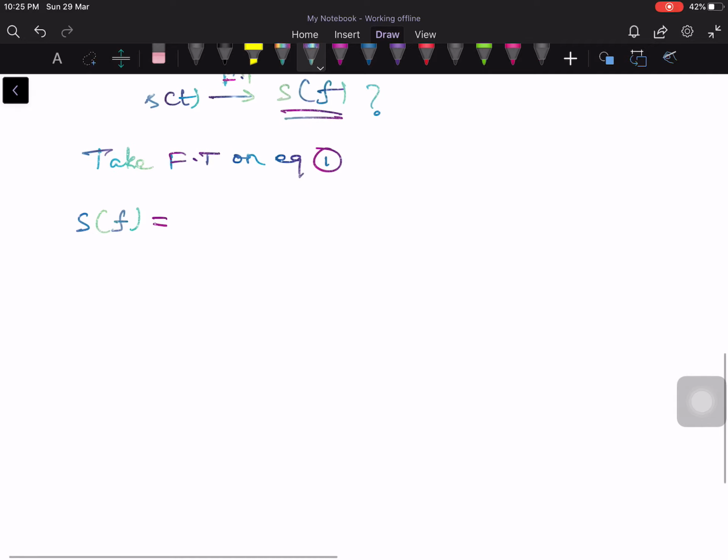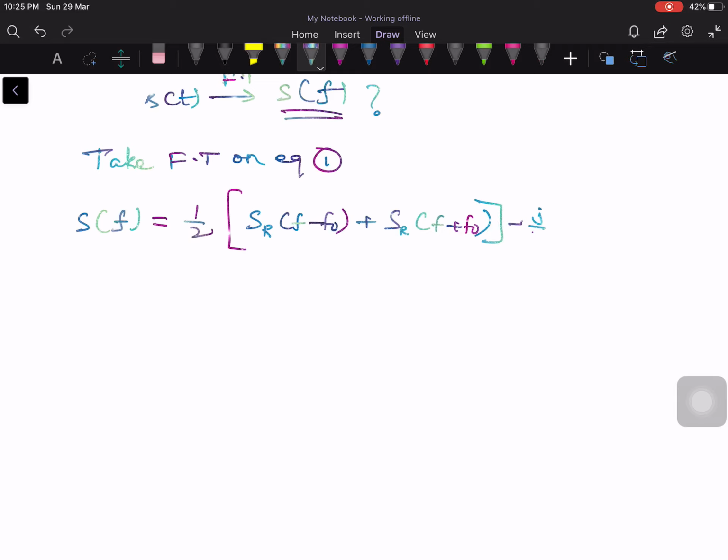So you will have capital S of f, the Fourier transform of s of t, equal to 1 by 2 times s sub r of f minus f naught plus s sub r of f plus f naught, minus j by 2 times s sub I of f minus f naught minus s sub I of f plus f naught.